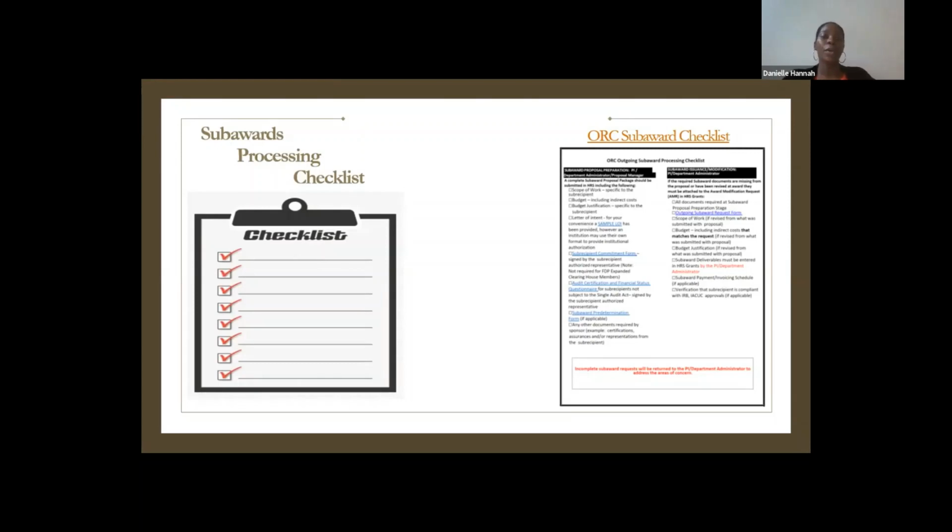But I do know some proposals have the scope of works literally embedded into the overall proposal. So you wouldn't even distinguish, you wouldn't even know besides by just seeing the subrecipient name or PI name included in the proposal document. So I just wanted to add that.